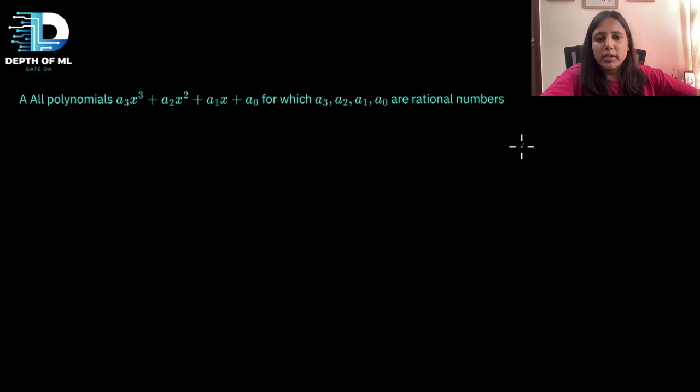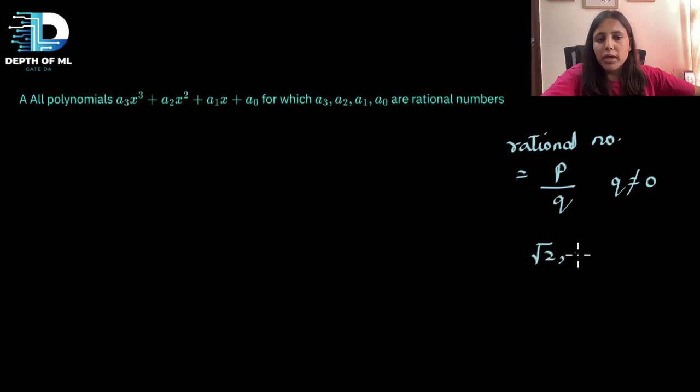So what are rational numbers? Rational numbers are of the form p by q, where q is not equal to 0. So the numbers that you can represent in the form p by q are rational numbers. It means that root 2, root 5, root 3 are all irrational numbers.